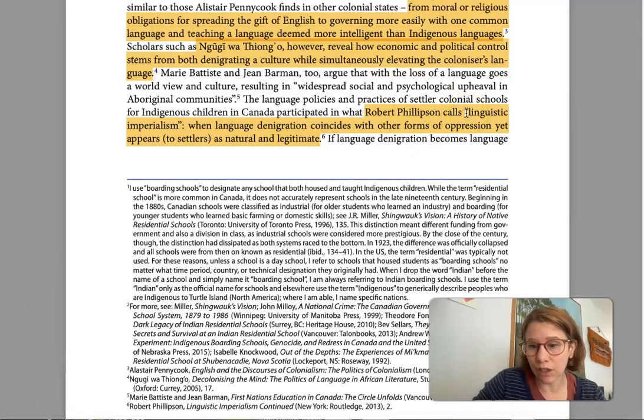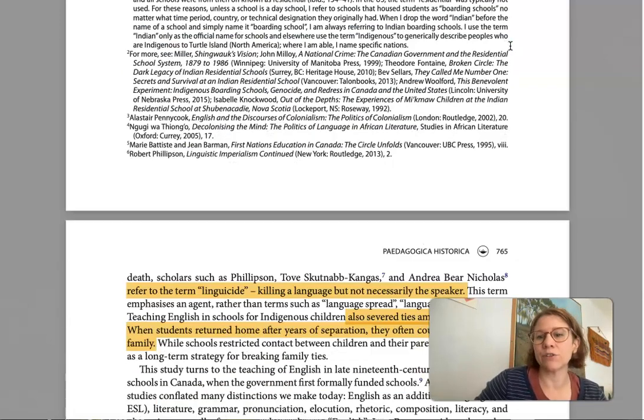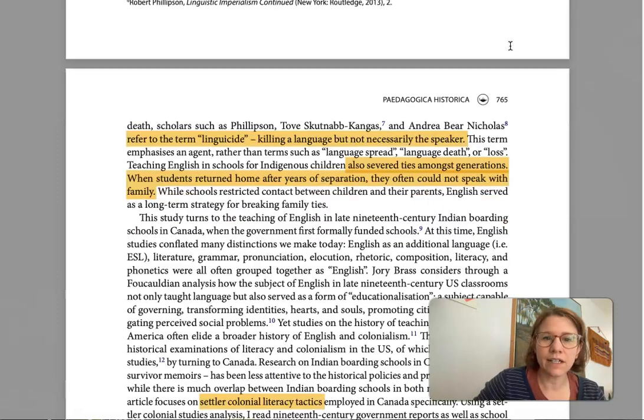So she introduces some ideas in this introduction, and one of them is, she talks about language as a kind of tool of colonialism, that it's connected to a larger economic and political control of a territory. So language is a tool of the oppressor, a tool of the colonialists, and one of their goals is this idea of linguicide, so the killing of a language.